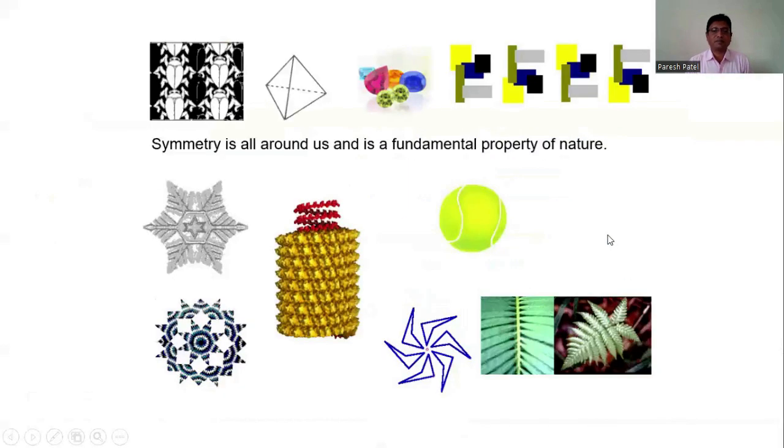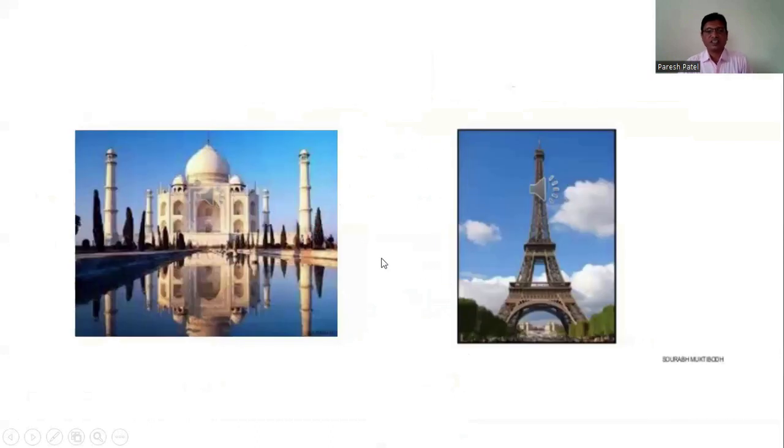We know that symmetry is all around us and is a fundamental property of nature. All the natural things are so beautiful due to the symmetry. This is the example of Taj Mahal, and the beauty of this Taj Mahal is due to its symmetry. And this is Eiffel Tower, and this is also beautiful, and this beauty is due to the symmetry.